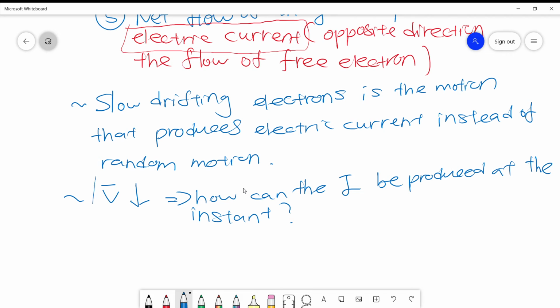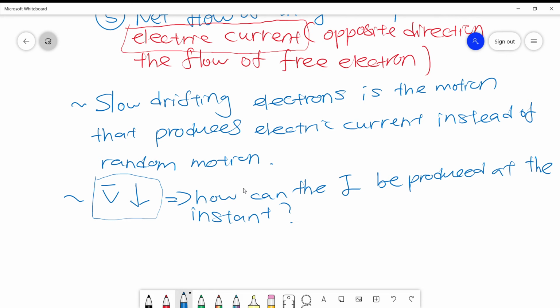We know that the drift velocity is very small, which is the net velocity after colliding with the lattice atoms. So how can the current I be produced at the instant? This is our question.